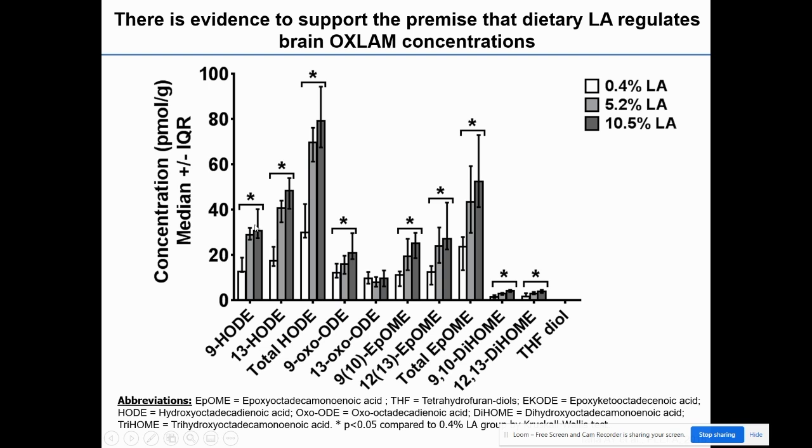You reach a ceiling effect, it appears, between 5 and 10%, so you don't get that much of an increase compared to 0.4%. But again, more LA in the diet means higher OXLAMs in the brain, up to a certain point.